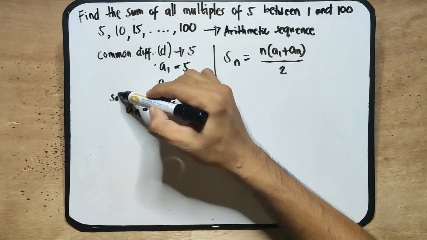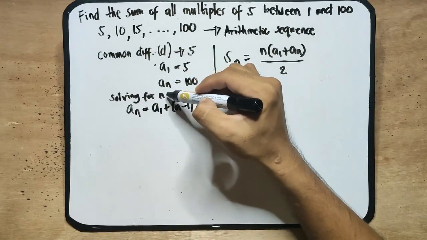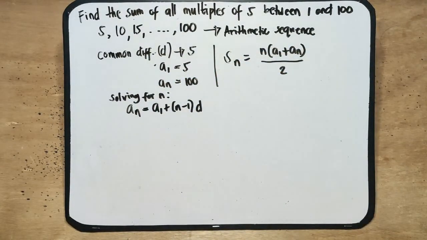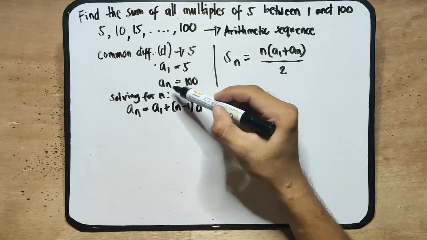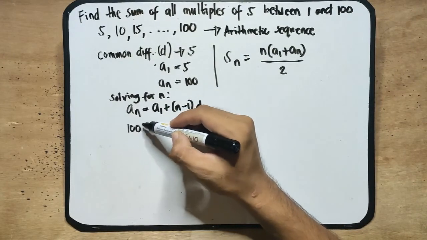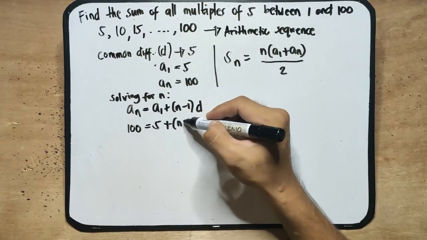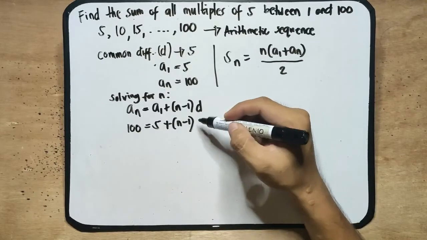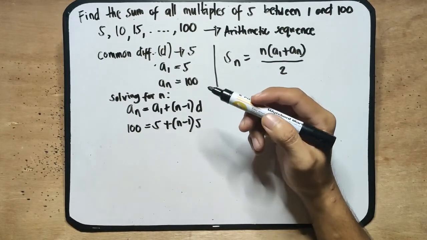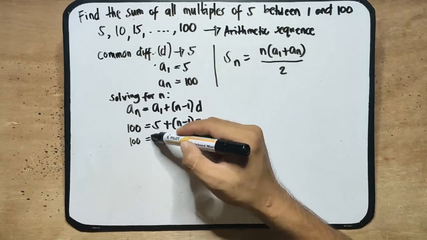So, solving for n here, we have a sub n. So, we substitute a sub n here. A sub n is 100. So, 100 is equal to a sub 1 is 5 plus n minus 1 times d is 5. So, solving for that, we have 100 is equal to 5.